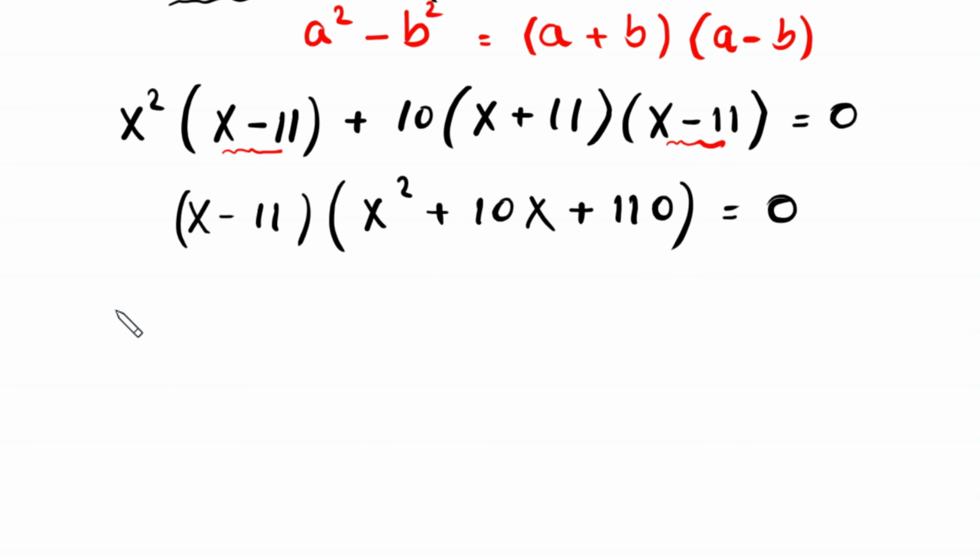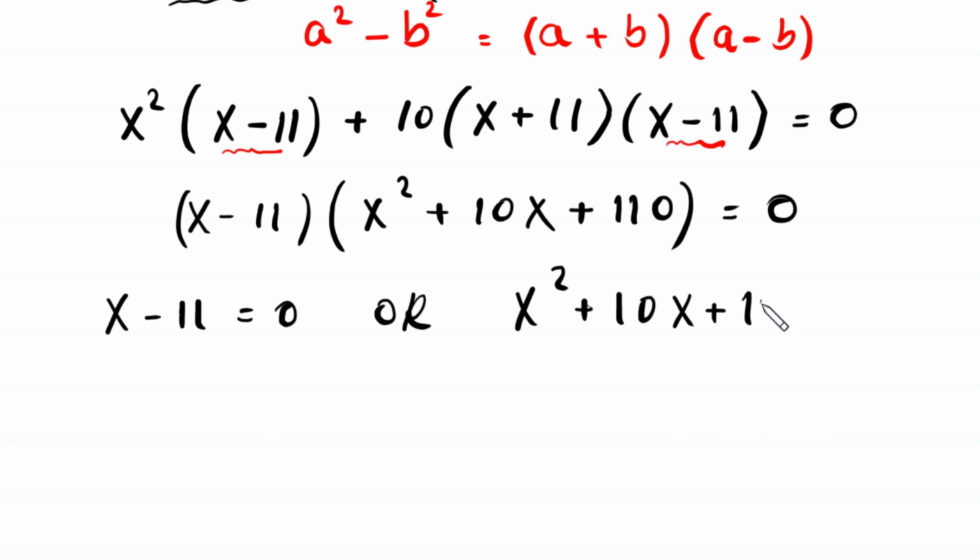Either this expression x - 11 equal to 0 or this second factor x^2 + 10x + 110 equal to 0. From this equation, if we move this negative 11 to the right hand side, this implies that x is equal to 11. And this quadratic equation is not factorable, so we solve it by completing the square method.